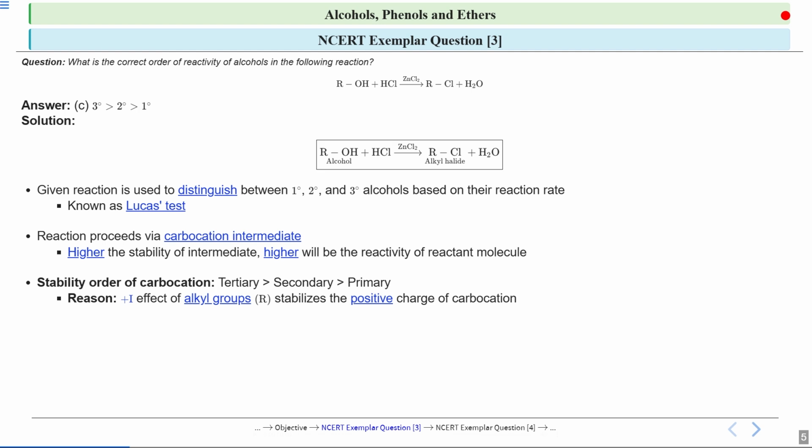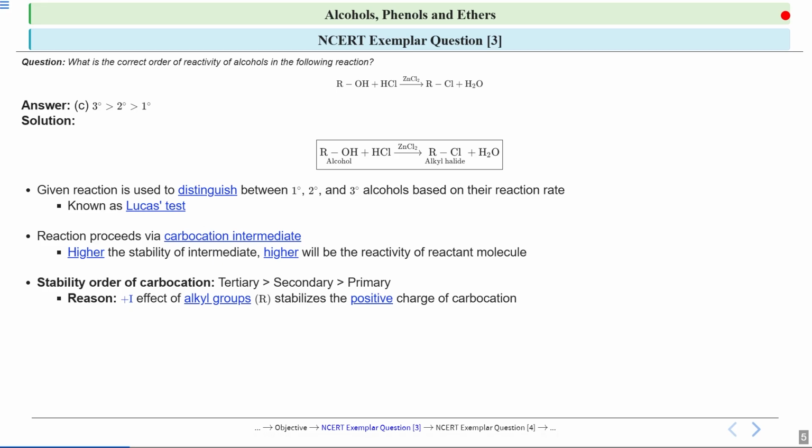In tertiary, 3 alkyl groups are attached to the carbon atom. In secondary, 2 alkyl groups are attached to the carbon atom. And in primary, 1 alkyl group is attached to the carbon atom.